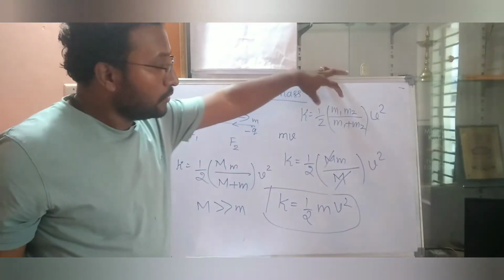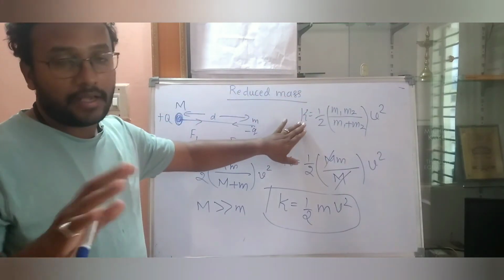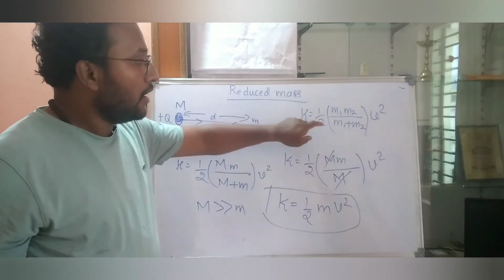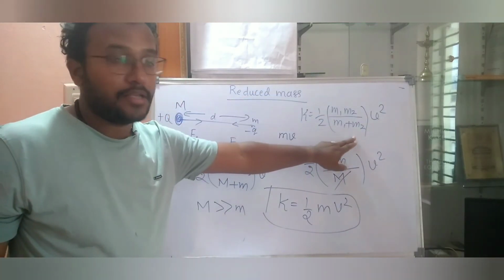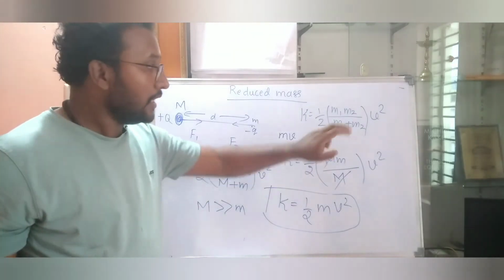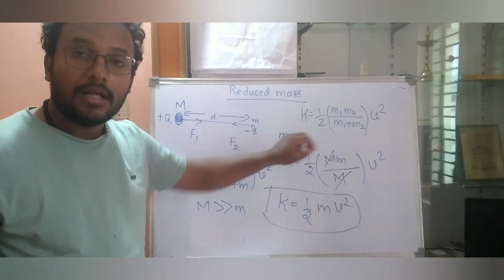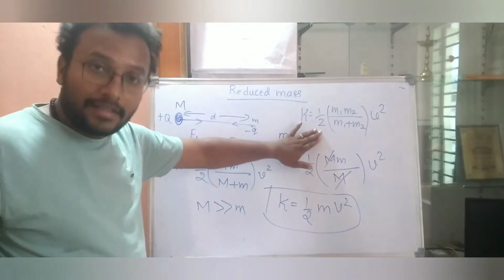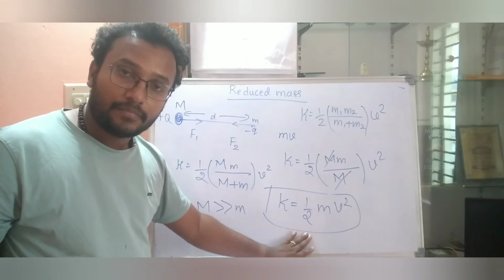So even by using the concept of reduced mass, the total kinetic energy can be calculated by using half m1 m2 divided by m1 plus m2 into v square. Even by using this equation to calculate the total kinetic energy of the system, when you simplify this by taking this approximation, you arrive at this equation, is it not?